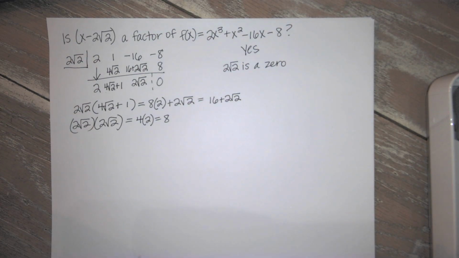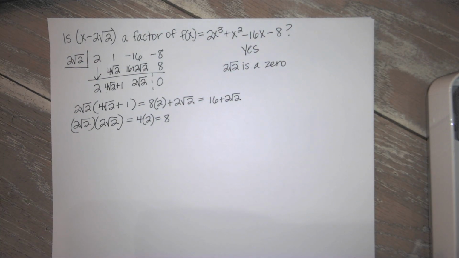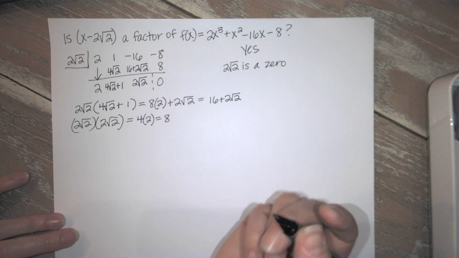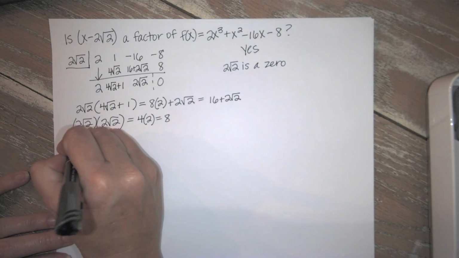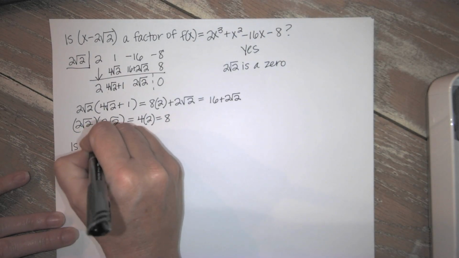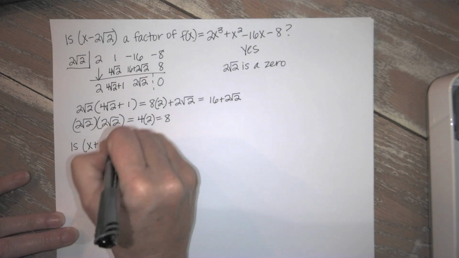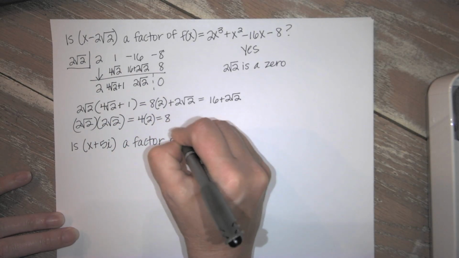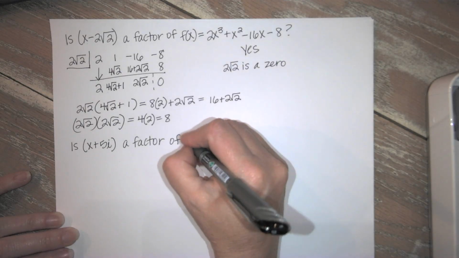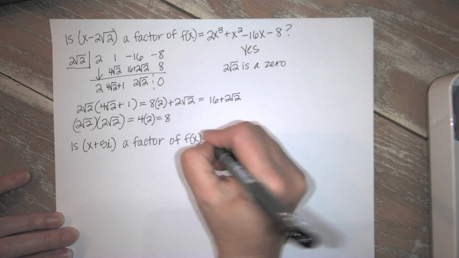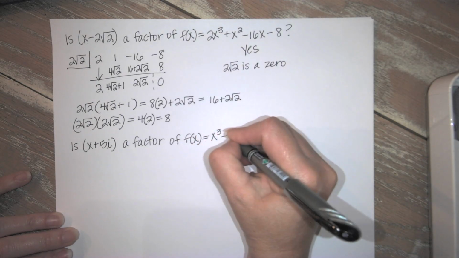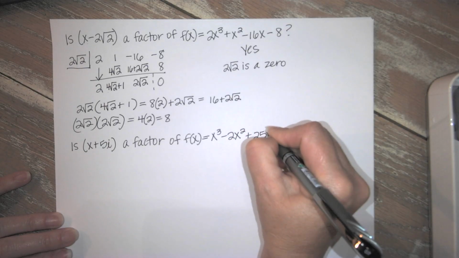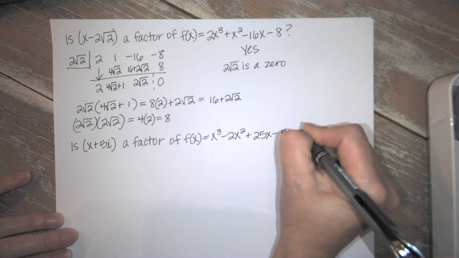Okay? All right, now let's try one with a complex number or an imaginary number. Is x plus 5i a factor of the polynomial function x cubed minus 2x squared plus 25x minus 50?